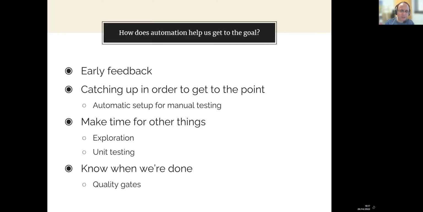And like I mentioned, if we have a system that can collect information, we can make decisions based on the information that we get. And knowing when we're done, quality gates is a term that is used by continuous integration engines. Going to talk about them very soon.